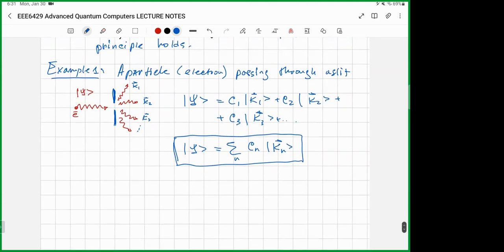We have to take into account all these possible states in the system, from K1, K2, basically all of them, and all these states make the superposition, and this superposition of all these vector states represents the initial state of the electron.